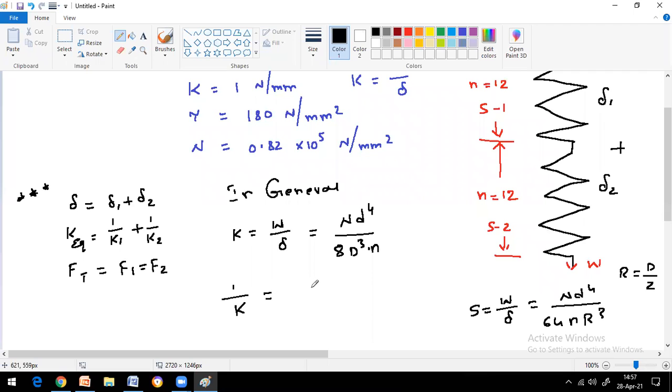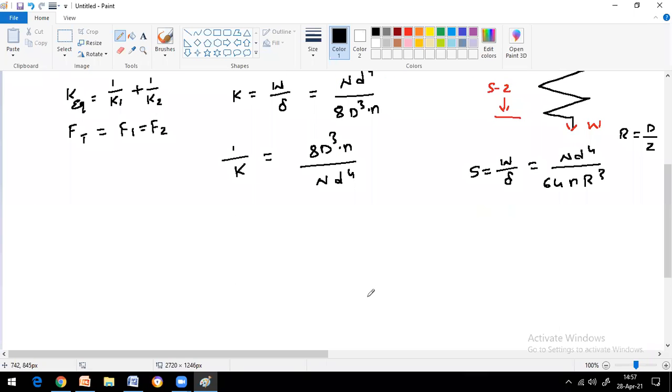1 by K is 8 d cube into n by n d power 4. Now let's define these parameters.